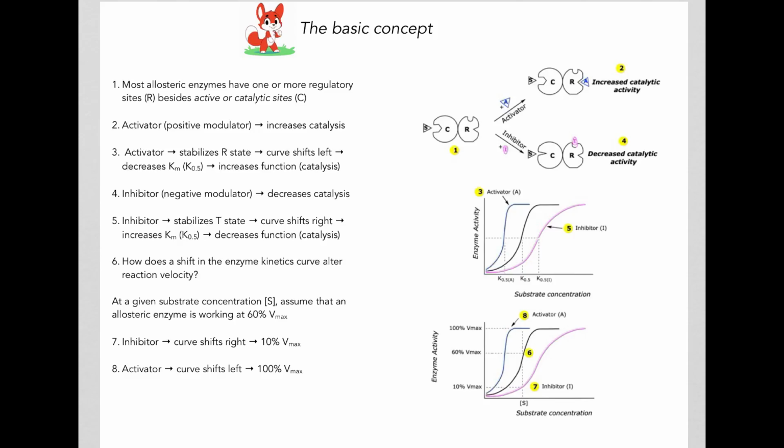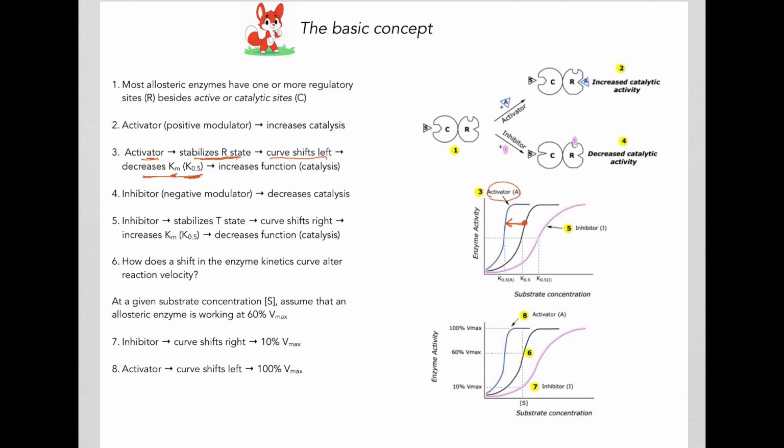How does it do that? As we mentioned, the activator stabilizes the R state, the more active state of the enzyme, and this will cause the kinetic curve to shift to the left. So in the presence of an activator, the kinetic curve will shift to the left. That means the K0.5, instead of Km, because this is a sigmoidal curve, we can use the term K0.5.